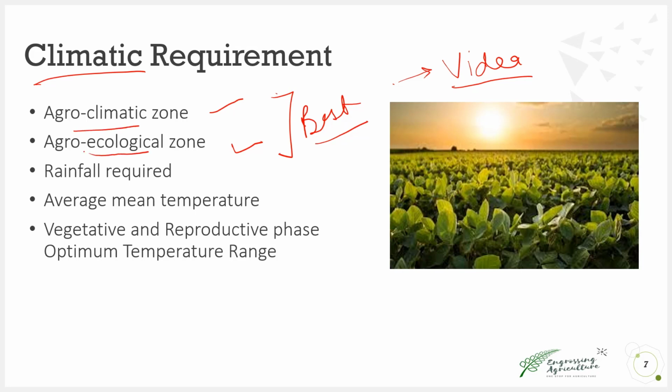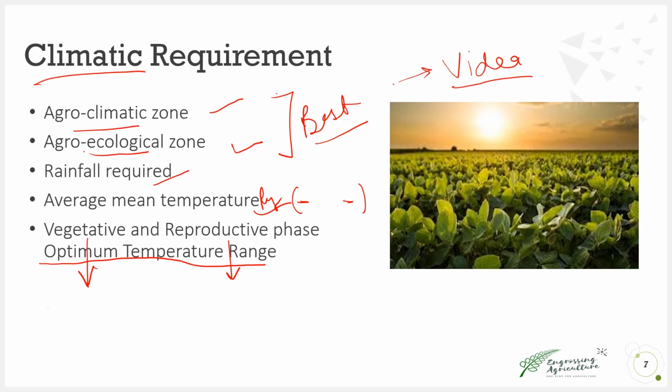Next we have rainfall requirement, the amount of rainfall the particular crop requires, and average mean temperature, that is the range. We always study the range of minimum and maximum temperature that a plant can tolerate. We also have the optimum temperature range for vegetative growth and reproductive growth.